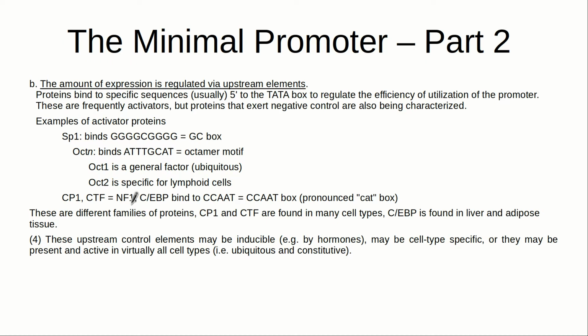Now here are the ones you're most likely to find, though, not the TATA. You're going to find either a GC box, that's the most common, an octamer, or a CAT box. All right, and we've already kind of talked about CAT boxes.